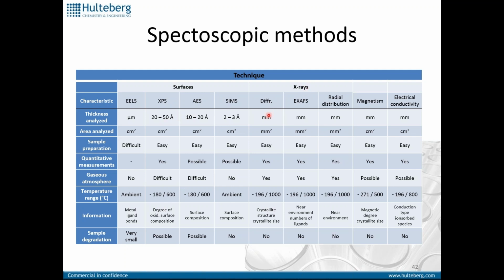Then X-rays, which are for more bulk type analysis, and some of them are vaguely quantitative, some are very quantitative, and in some cases we operate under high vacuum, making gaseous atmospheres difficult, while others do not.